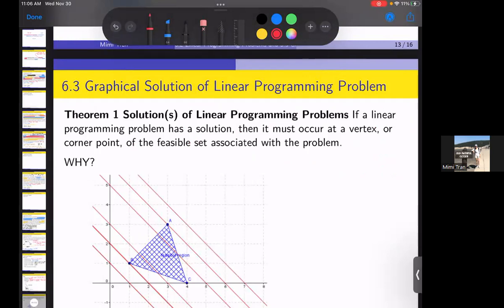If a linear programming problem has a solution, meaning you have some kind of region like this from the intersection of the inequalities, then the corner points, sometimes called vertices, will give you either the minimum or the maximum, which just makes sense, right? If I give you a polygon and ask you to find the maximum and minimum, you look at the corner points, either the highest point or the lowest point. Does that make sense? So it's very intuitive.